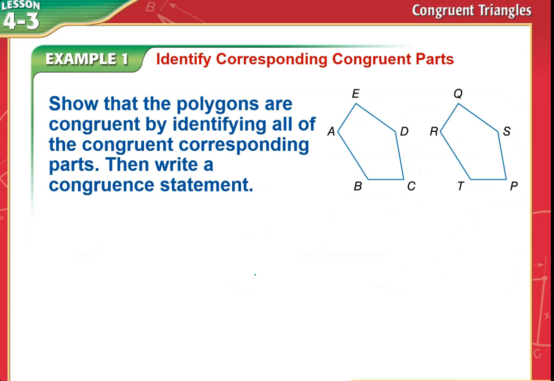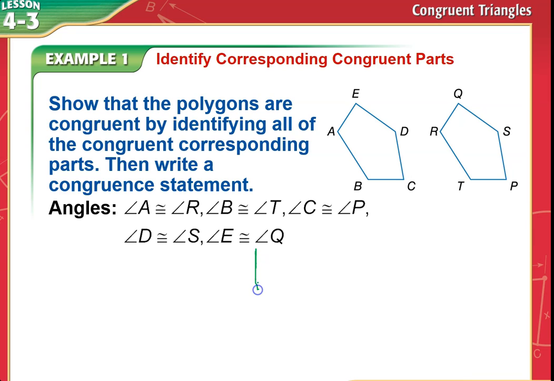Okay, identifying corresponding congruent parts. Show that the polygons are congruent by identifying all of the congruent corresponding parts, then write a congruent statement. So we have angle A is congruent to angle R. We're not told that they are, but we're assuming they are.